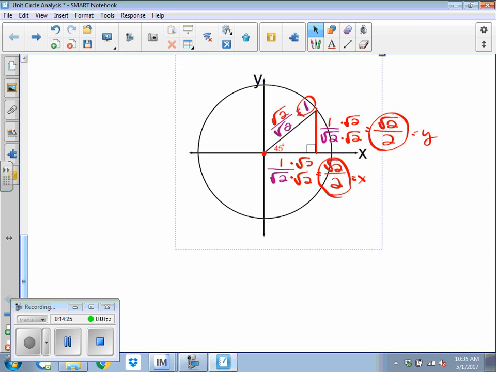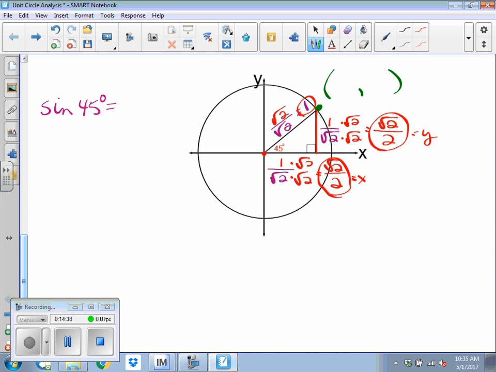And we're going to name the coordinates of this. So, sine of 45 degrees, that's opposite over hypotenuse. What is the opposite? Square root of 2 over 2. And that's the same thing as what value? A Y value.